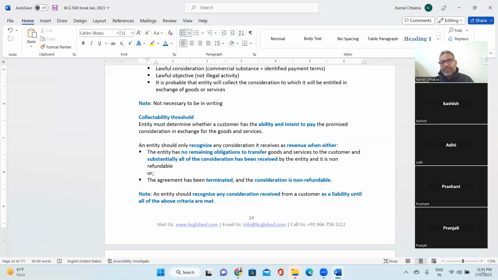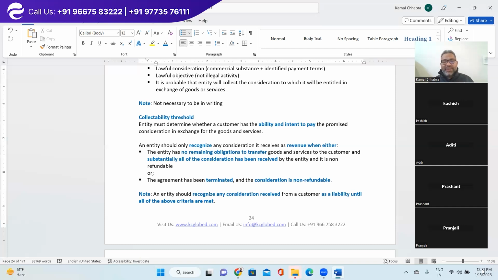For example, if I'm a minister, and Prashant has entered into a contract with me, but I have no intention at all to pay him, and Prashant also knows very well the minister's son will not pay, then why would Prashant enter into a contract with me? And if for any reason he entered into a contract with me, would he recognize the revenue when he knows I have no intention to pay?